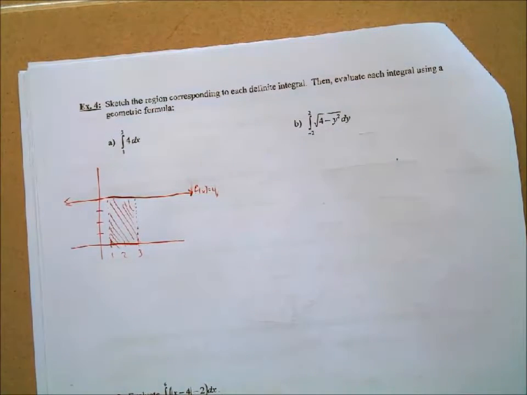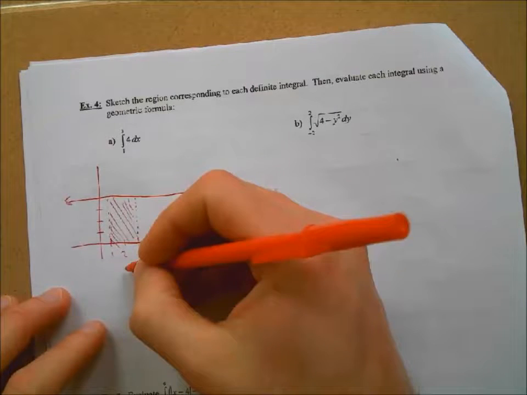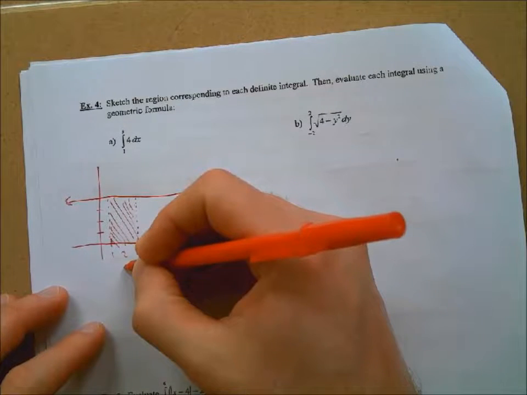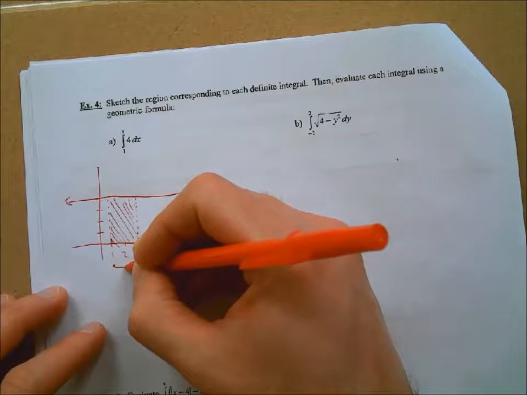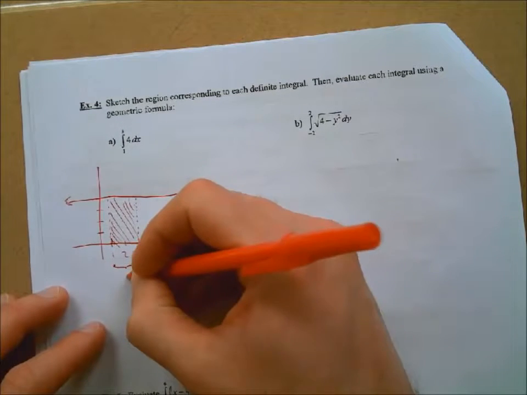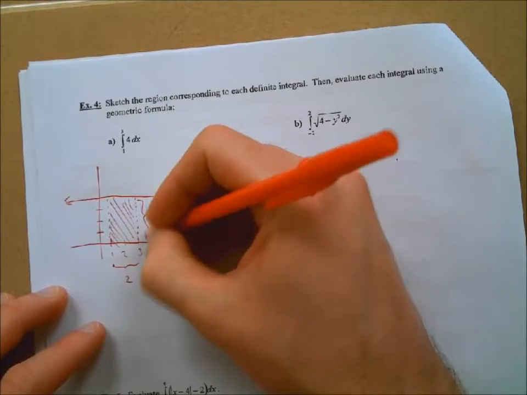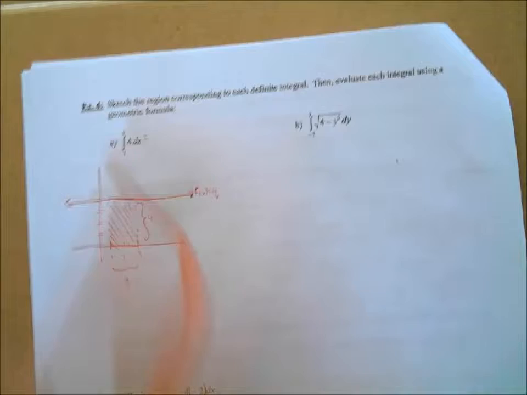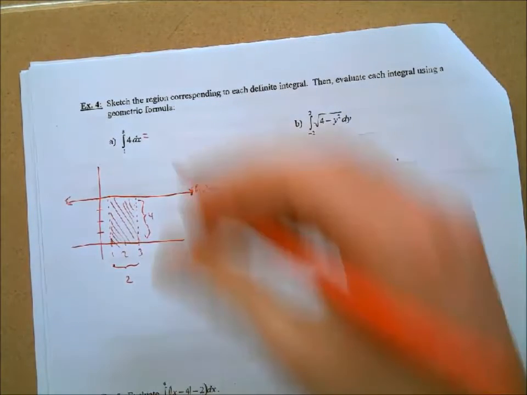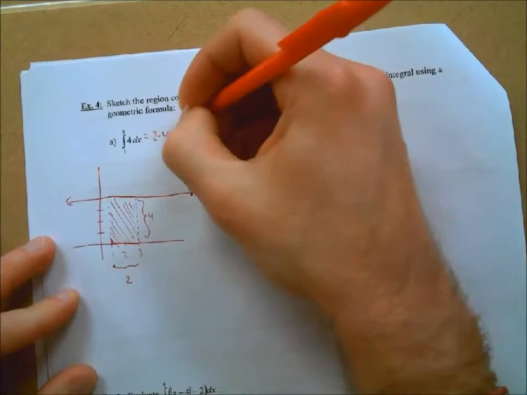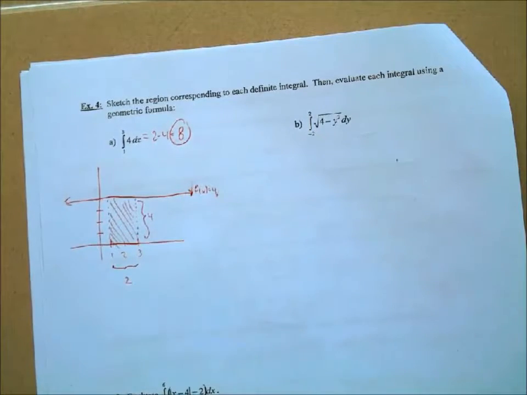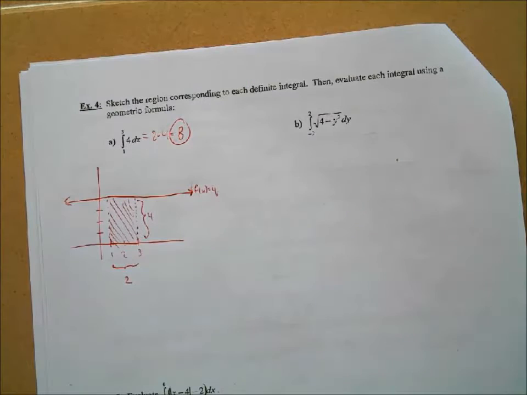Exactly right. With what dimensions? It's not a square. What's the width here? 2. What's the height? 4. So what's this integral's value going to be? 8. So the answer is 8. That's all there is to that. It's just using the geometric area there.